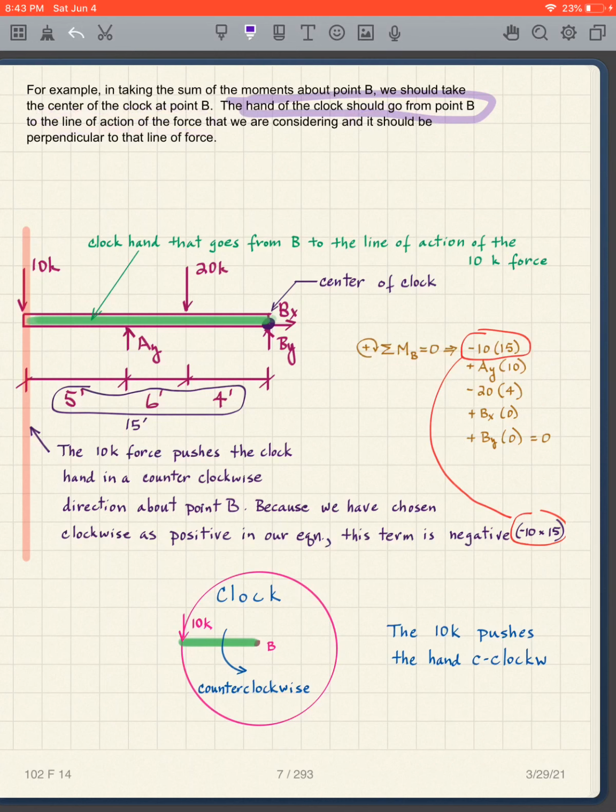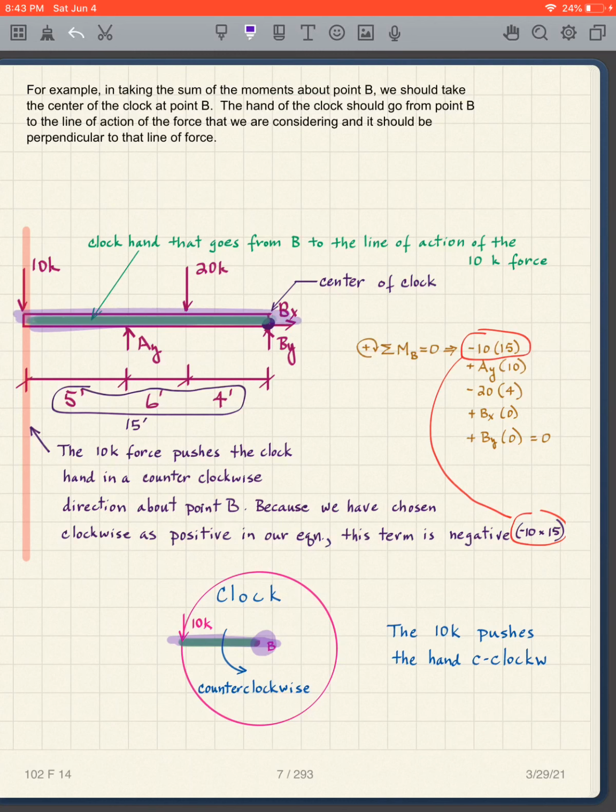So in other words, here's our beam problem. This is the same one we did. And here's point B. Here's my line of action of my force for my 10 kips. Well, how does that look on a clock? It looks like this. There's our clock, there's our point B, there's our clock hand.